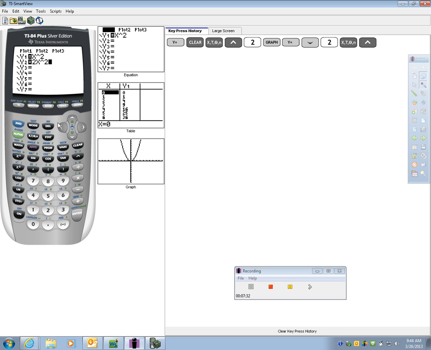Now remember, I didn't use parentheses here. We learned about this earlier on in the year, in Chapter 8: if I do not use parentheses, the second power only applies to x. It doesn't apply to the 2. But let's see what the value a equals 2 would do to my graph. So there was the original parent function. Oh, do you notice how this is a little bit thinner or narrower of a parabola?